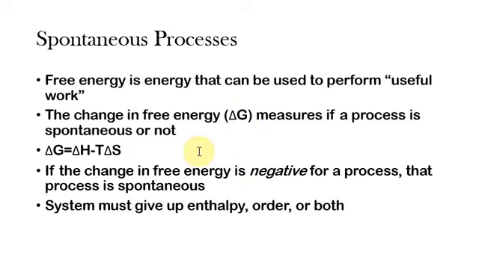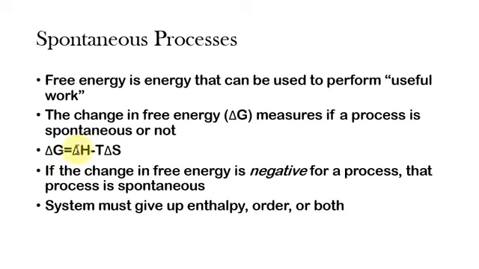Okay, so earlier I said that in order for a process to be spontaneous, it has to increase entropy. There's another component to it. This equation, delta G equals delta H minus T delta S, we get it from thermodynamics, from chemistry. Delta G, like we said, is Gibbs free energy, and in order for a process to be spontaneous, it has to be negative.